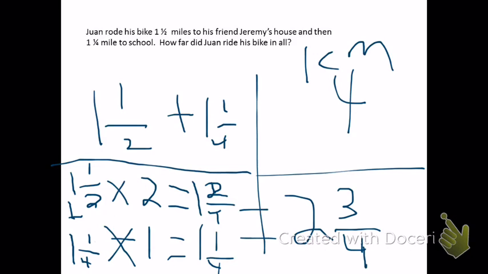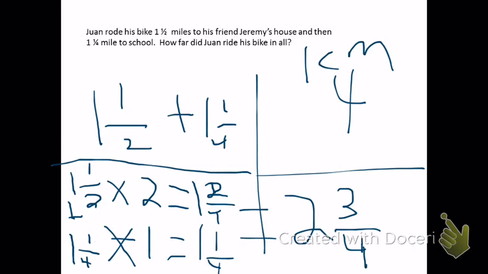I need everybody's attention. Go back to this problem with Juan and check your work against Marshall's. The least common multiple was 4. So 1 1/2 becomes 1 2/4 because that's the equivalent fraction. 1 1/4 becomes 1 1/4.